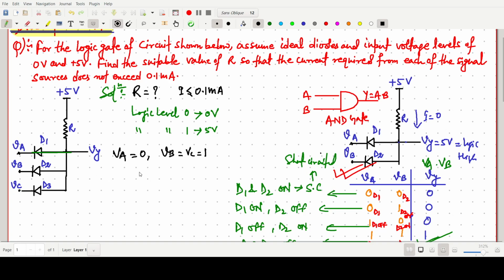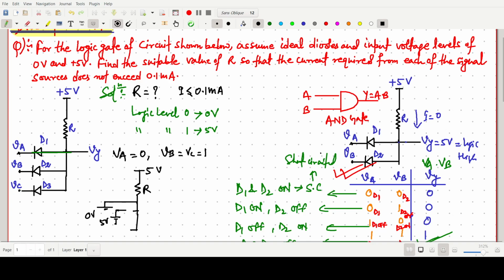The circuit will be like this: VA is 0 volt, so I am just making it ground, and this should be open circuited for plus 5 volt.